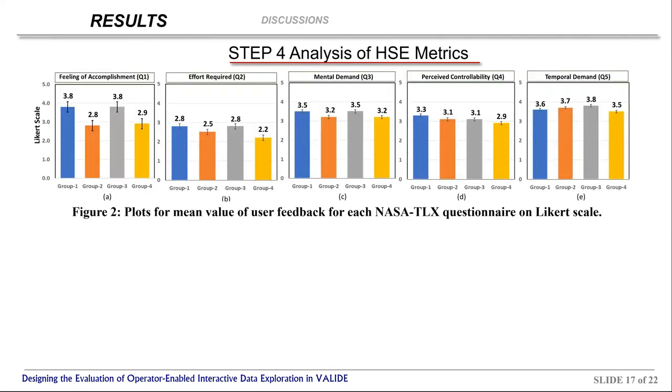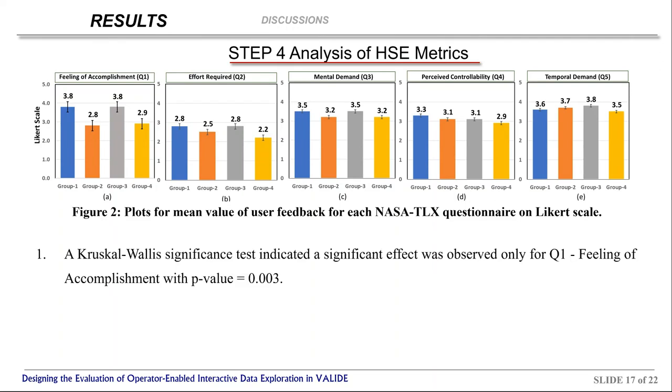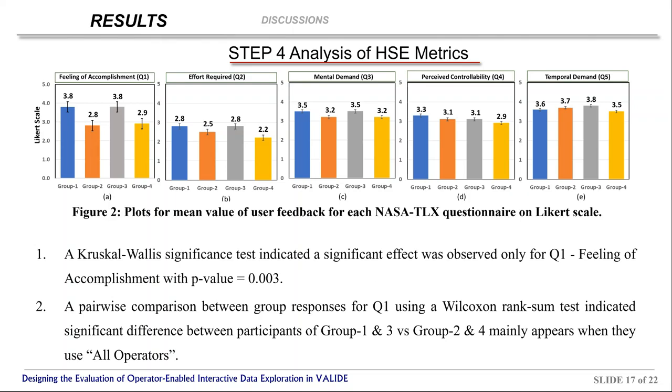Finally, step 4 includes, first, analysis of HSC metrics. A Kruskal-Wallis significance test indicated a significant effect only for question 1 of the NASA TLX questionnaire, that is feeling of accomplishment. A pairwise comparison between group responses for question 1 using a Wilcoxon rank sum test indicated that the significant differences mainly appear when the group participants use all operators.